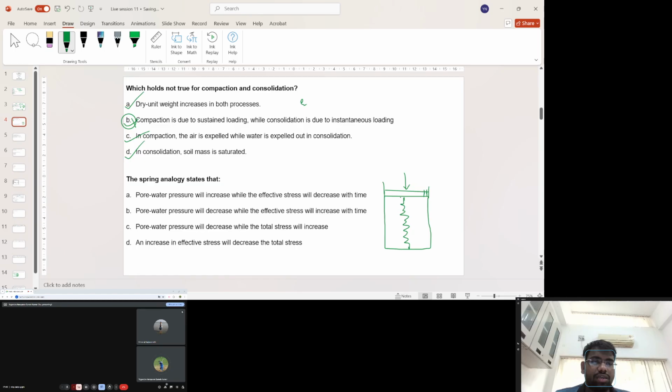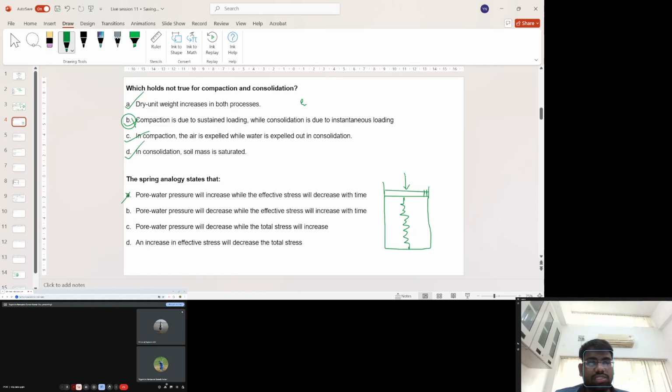Based on the stiffness of this spring, which is the property of the soil, the pore water will start to dissipate. Obviously, what you mentioned is that pore water pressure will decrease. So obviously option A is not right, and the other three options are open.